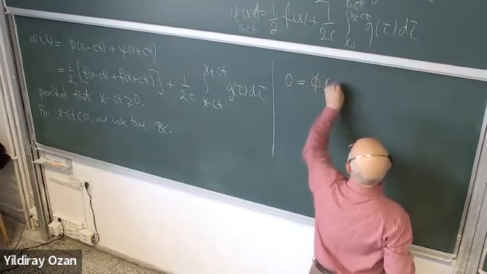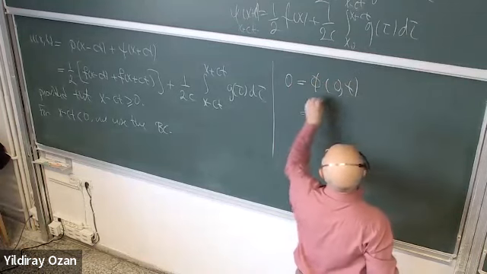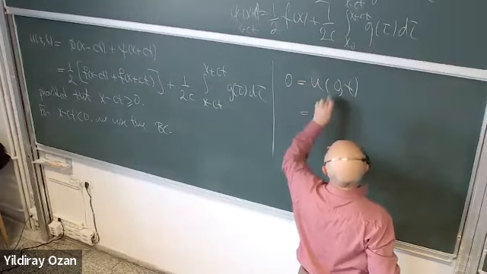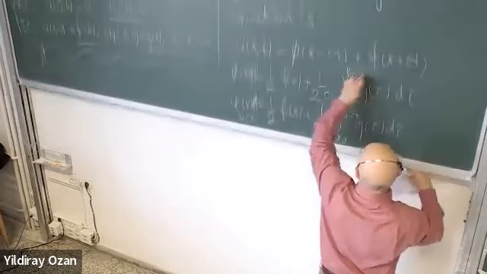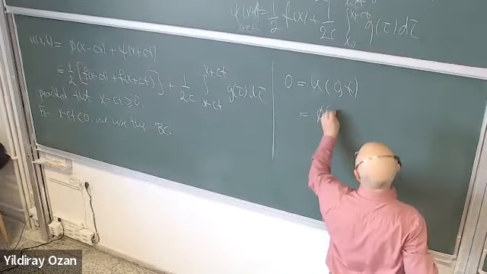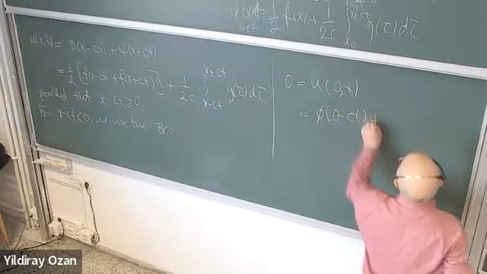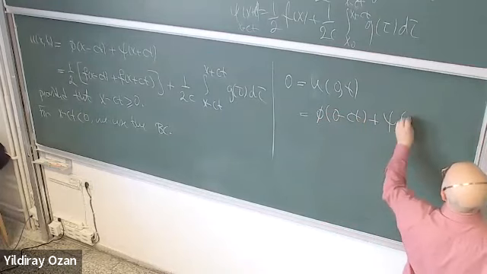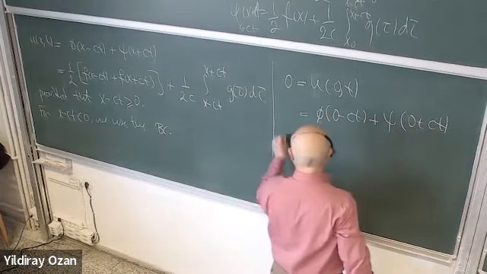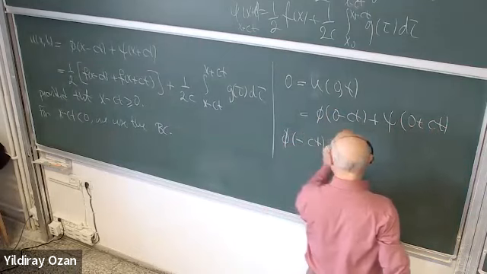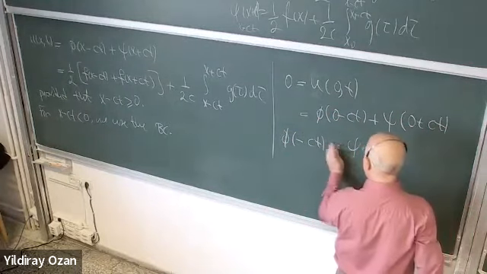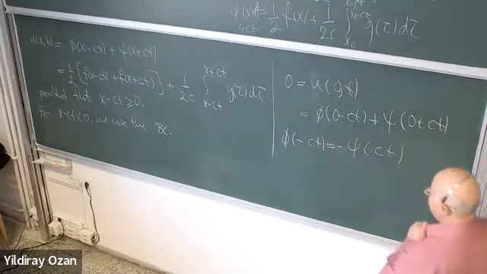Boundary condition is this, and that gives us, no, this is u, and that gives us from this, phi of 0 minus ct plus psi of 0 plus ct, sorry. So phi of minus ct is just psi of ct with a negative sign.